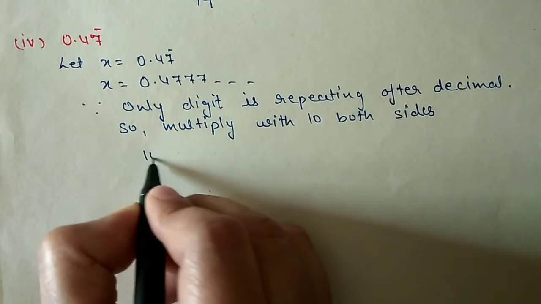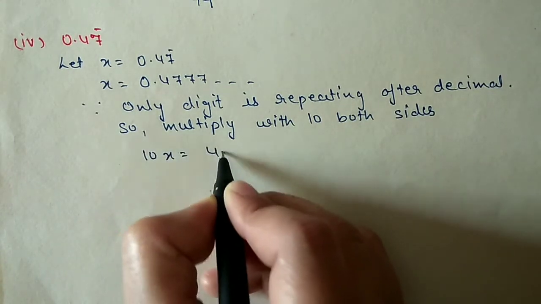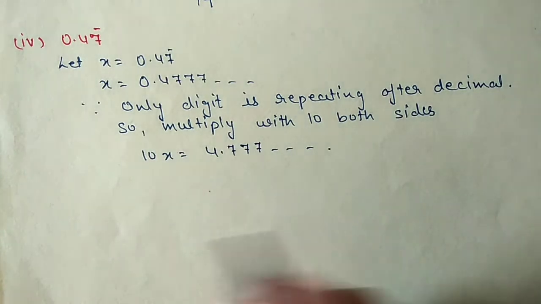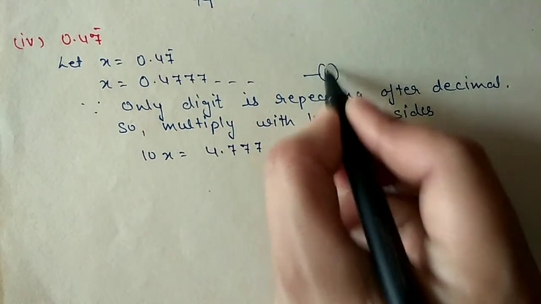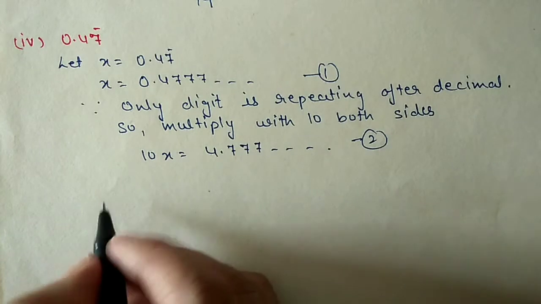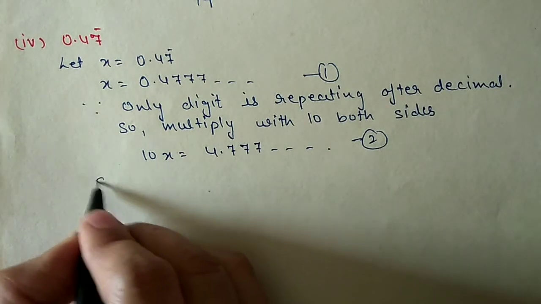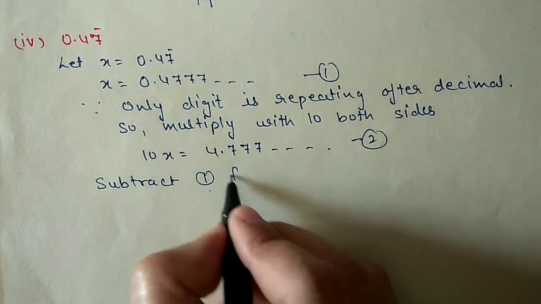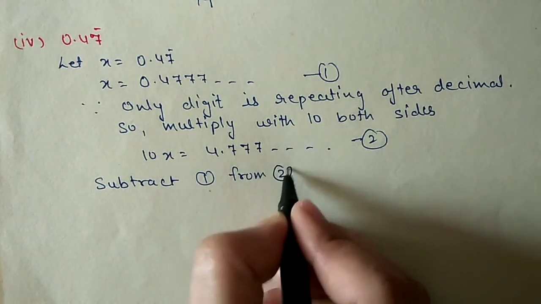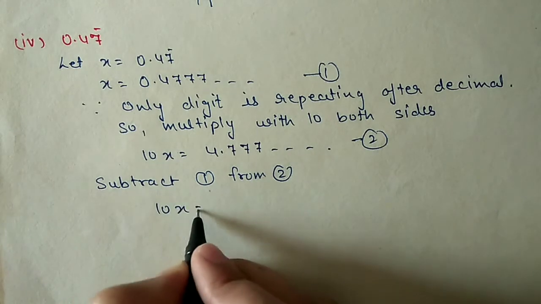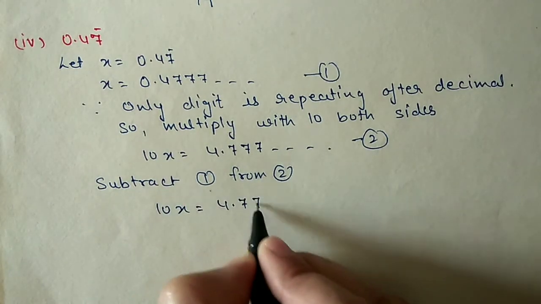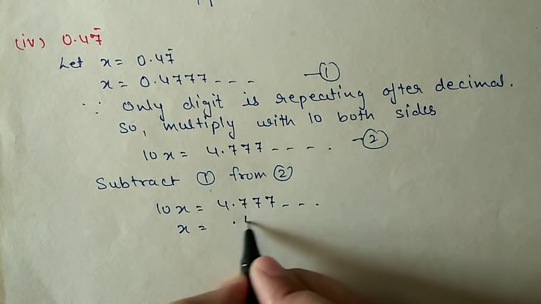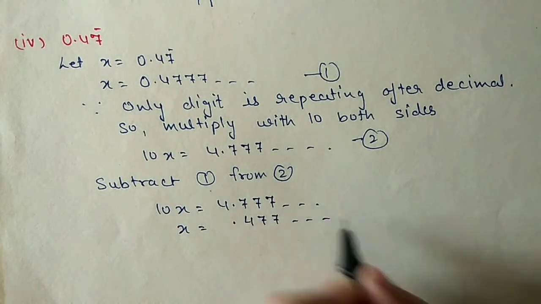After multiplication we will get 10x is equal to 4.777 up to infinity. This is the first value and this is the second value. Now we will subtract first from the second one. 10x is equal to 4.777 up to infinity, and x is equal to 0.477 up to infinity.